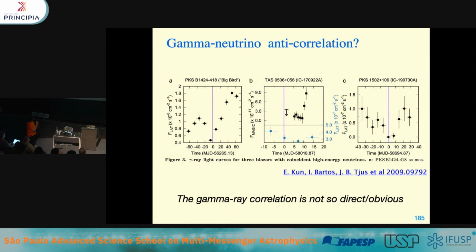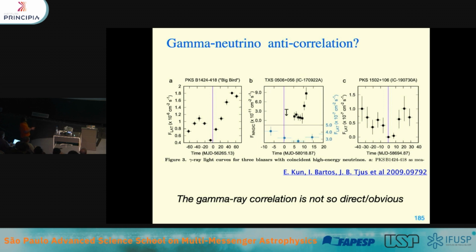And these are other interesting events. This is Big Bird, which I showed you earlier, close to a PKS source. This is TXS, and this is another PKS, another IceCube event. The blue line corresponds to the time of arrival of our neutrino events, and the data points correspond to gamma ray measurements from Fermi.